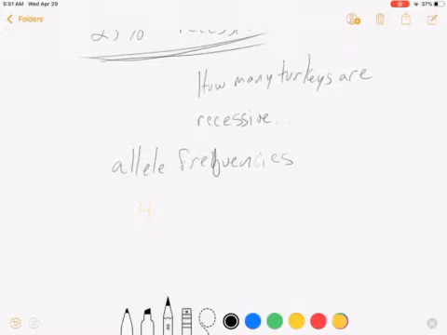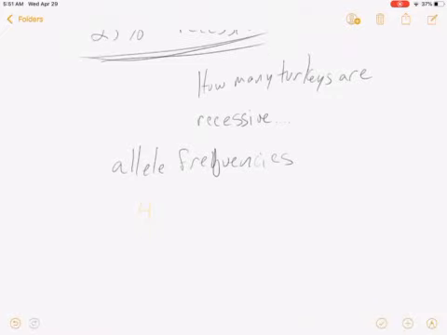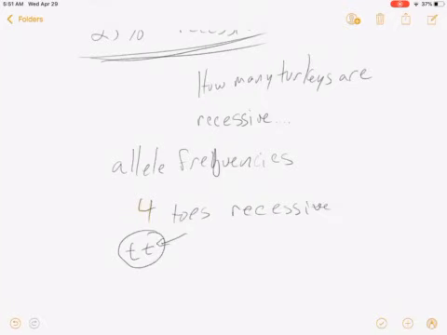The individuals that have the 4-toe trait, which we'll say is recessive, would have to be little t. So that's them. But what I want to know is not so much them, because I already know that, but what's the frequency of just this allele.